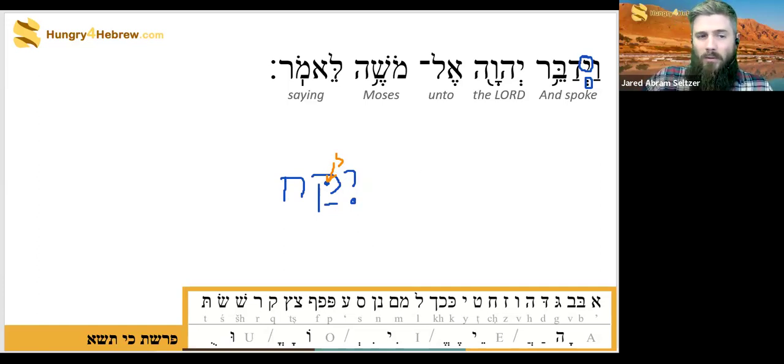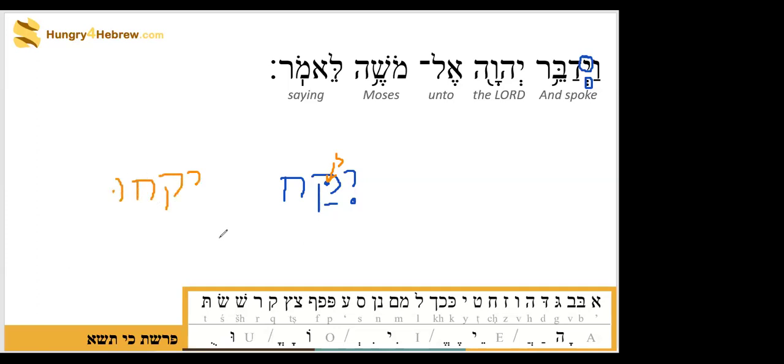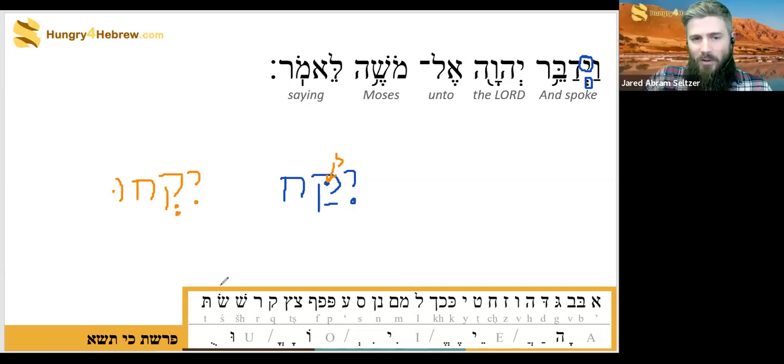But when you turn it into the plural form, like yikchu, something happens. There's no dagesh. Why is it? Because certain letters, when they get a shva, simply don't want to take a dagesh. It should be there.